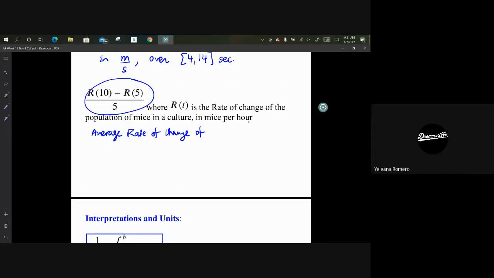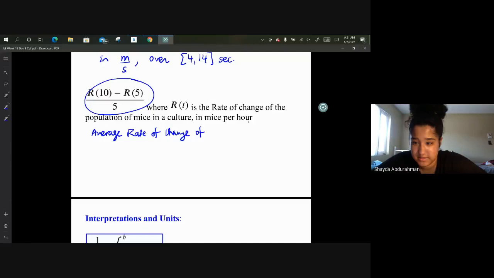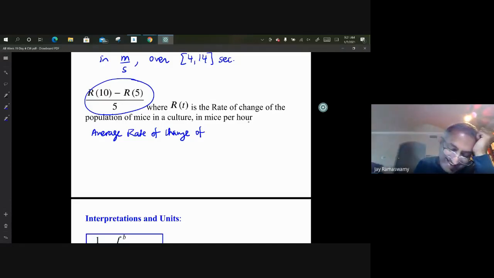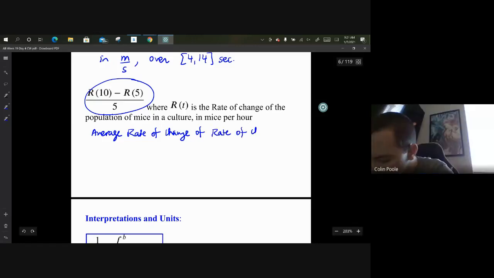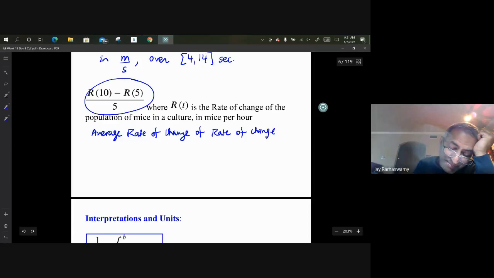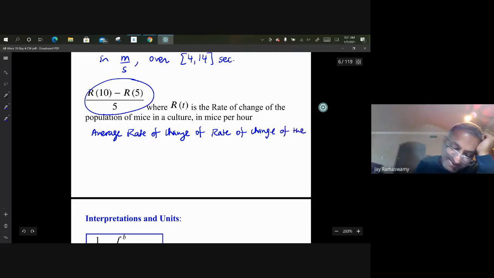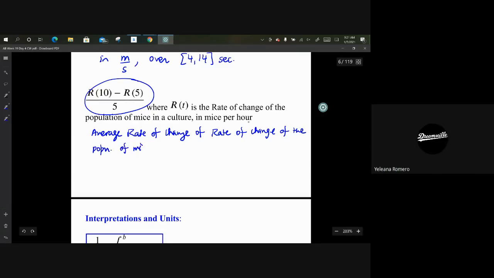Of the rate of change. Thank you. Is it in the function R, which is rate of change? Is it the average rate of change of the rate of change? Careful. It didn't say P, it said R, correct? The rate of change of the population of mice. Be attentive, please. In a culture.